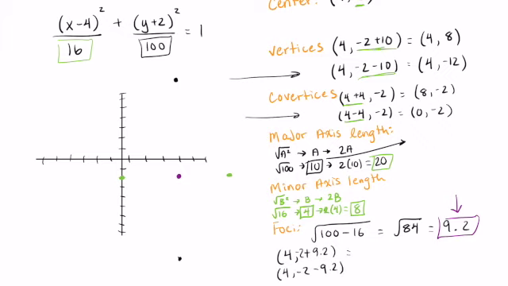So I will have foci points at 4, 7.2, and 4, negative 11.2. In looking at this, all I have to do is move that distance up and down from my center, and we have our foci points. If I move 9.2-ish up, it's going to place me about right here. If I move 9.2-ish down, I'll be right there.